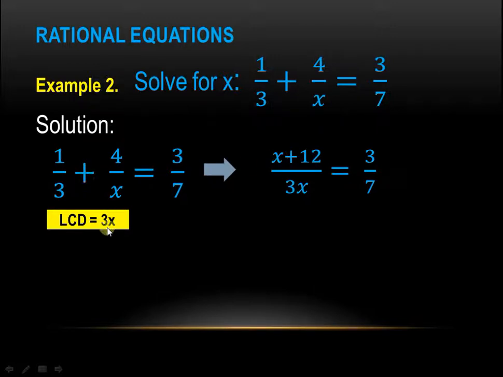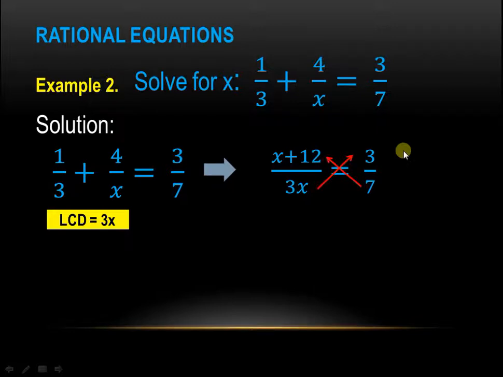Plus 3x divided by x is 3. Multiply it to 4, it becomes 12, all over our LCD, is equal to 3 over 7. Now, since both sides are in single rational expressions, let us now use the cross multiplication.